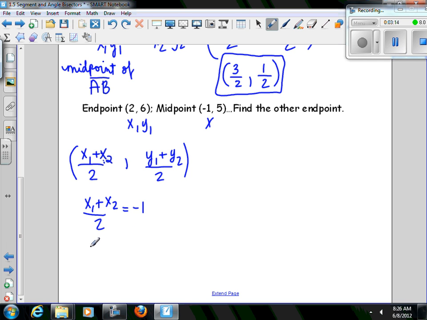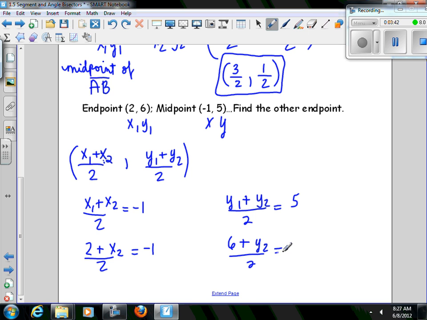Well, we know x1 is 2, so we have 2 plus whatever our value is for x2 over 2 equals -1. We're going to do the same thing here with y. We know that y1 plus y2 over 2 is going to give us our y value of 5. We know y1 is 6, so we'll plug that in. 6 plus y2 over 2 equals 5.